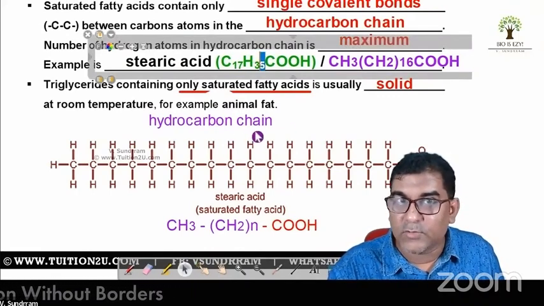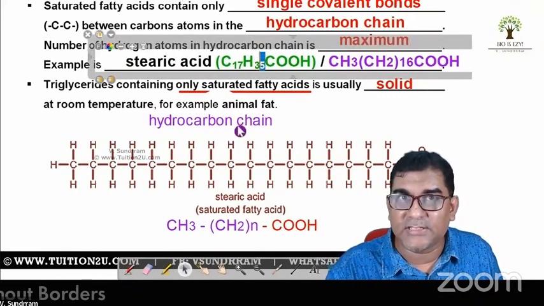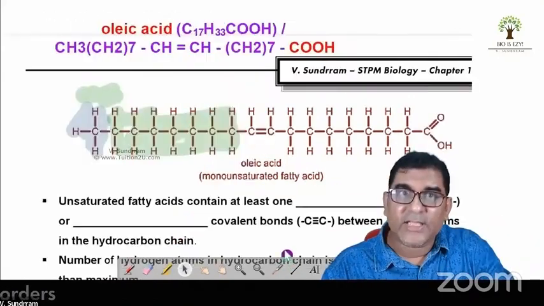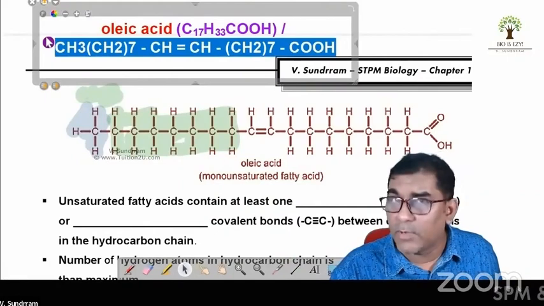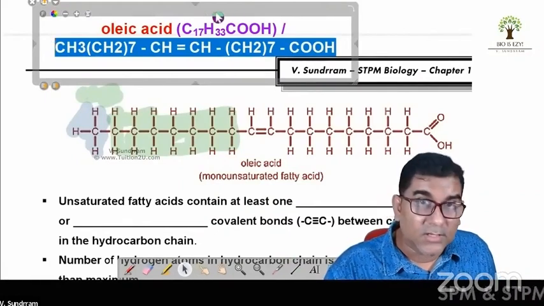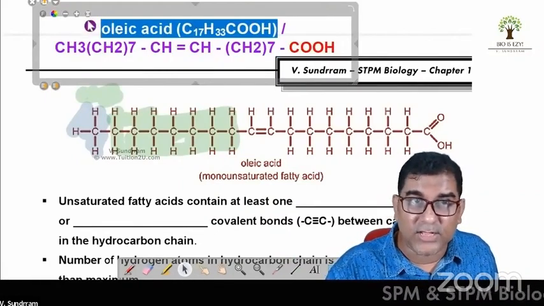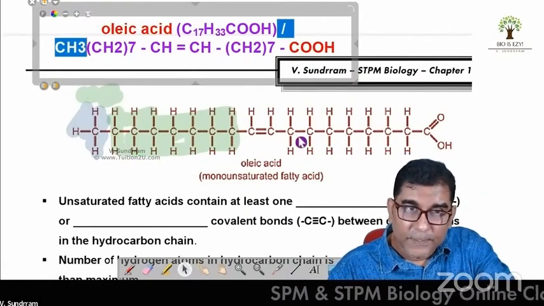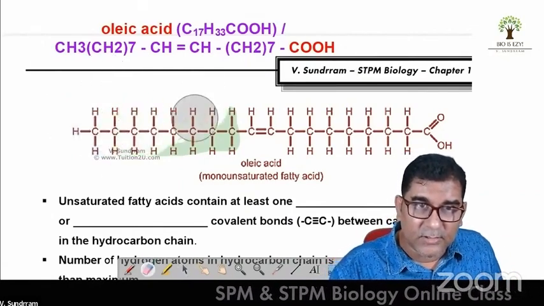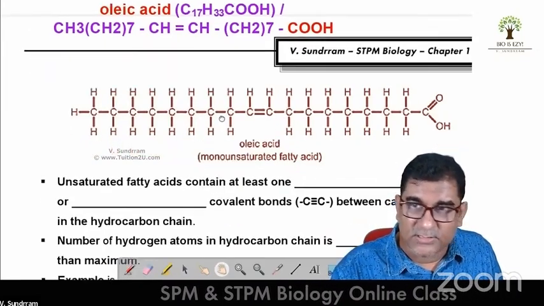You remove the 2 hydrogen, so this 35 make it 33. If you can remember this long formula, good. Kalau boleh ingat, bagus. Kalau tak, this is good enough for exam. Oleic acid, good enough. The picture is here. I need to fill in these empty spaces. You're going to help me.